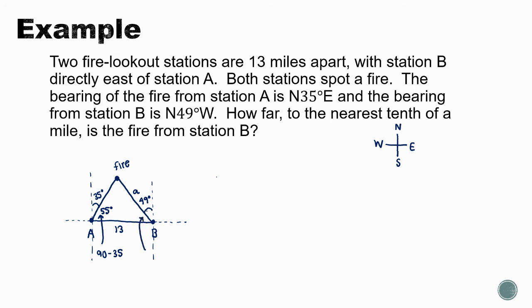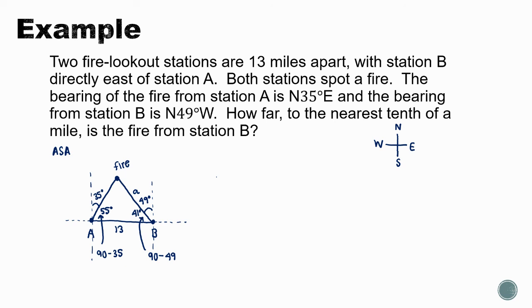Same idea over here. That 49-degree angle is complementary to the angle that's inside the triangle. So 49 taken away from 90 gives us a 41-degree angle. So notice that we have an angle-side-angle situation, and that means we now have everything that we need to do the law of sines.